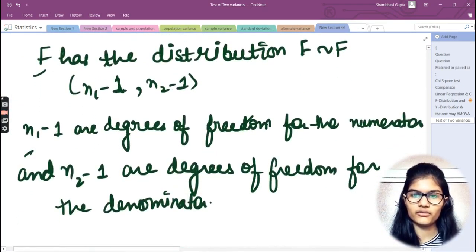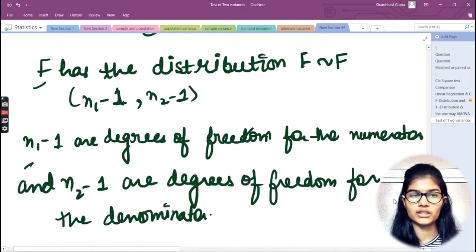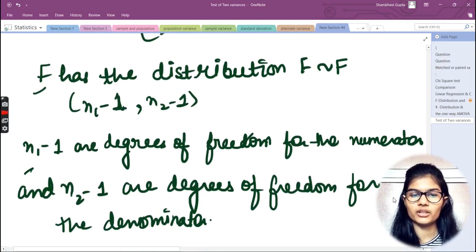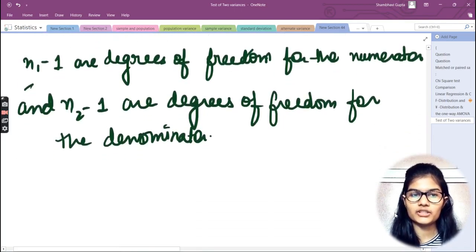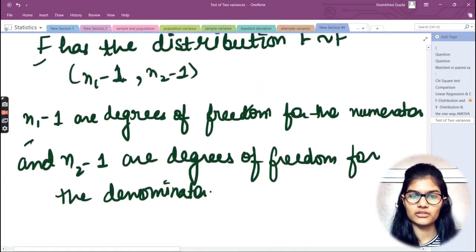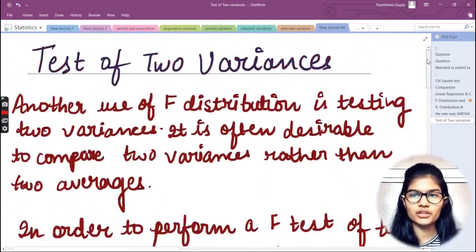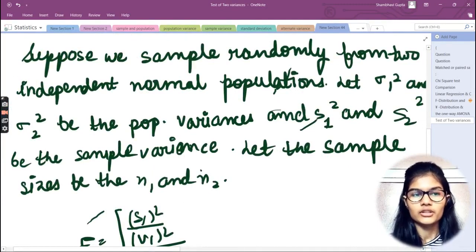It has the distribution F with n1 minus 1 comma n2 minus 1, where n1 minus 1 are degrees of freedom for the numerator and n2 minus 1 are degrees of freedom for the denominator. So this is all for this video. Till then, thank you and take care.